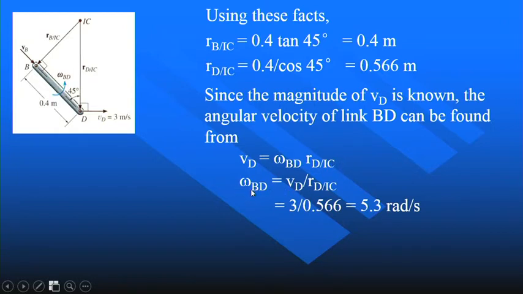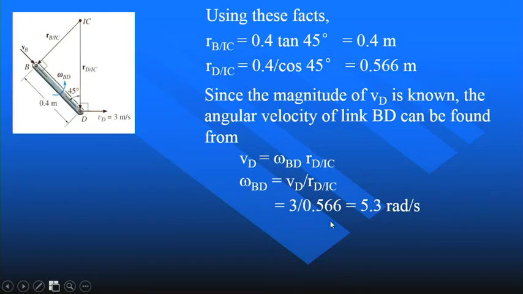Omega BD can then be found by VD divided by RD relative to IC. Substituting the real values into this formula, we finally get omega BD equal to 5.3 radians per second.